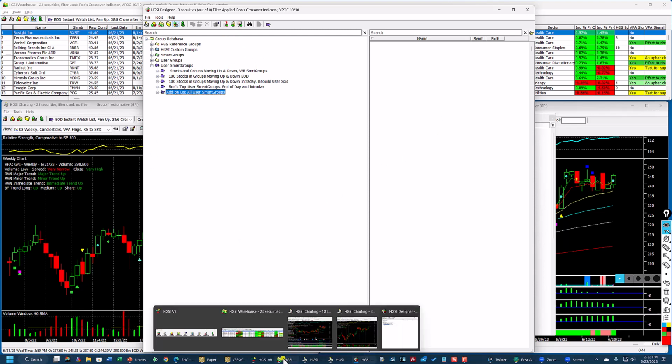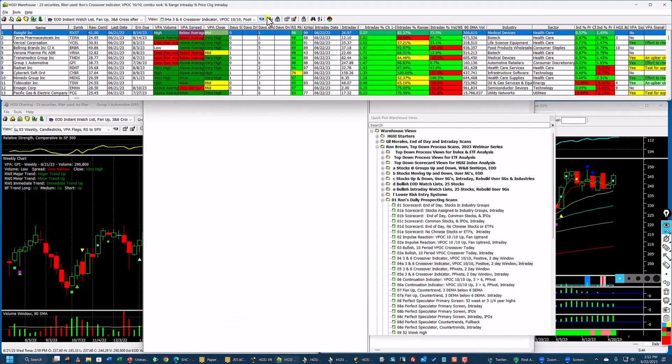This may be a little confusing at first. These groups from the warehouse, A, B, and C, which are the Woodward and Brown Smart Groups, the stocks and groups moving up and down at the end of the day, are generated from these intraday views. It captures these intraday views and they go into here.